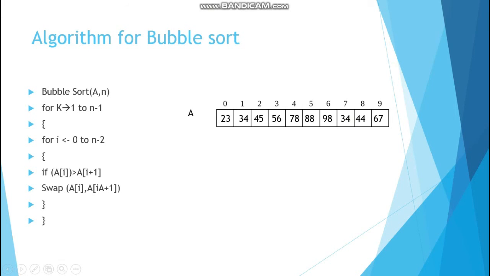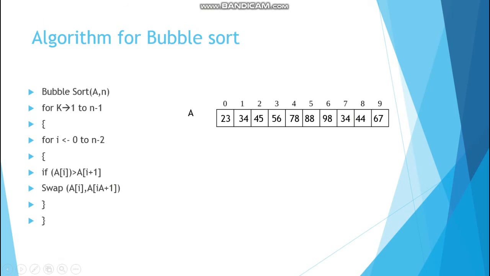So if A[i] is greater than A[i+1], like we compare two elements at positions 6 and 7, let's say A[6] is greater than A[6+1], then we will swap these two elements, and this is how the bubble sort algorithm will work. So in this module we learned about bubble sort, and thanks for watching.